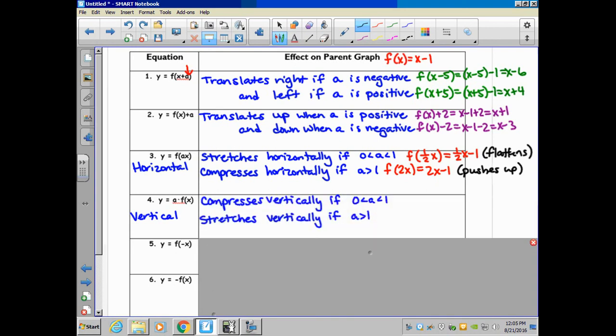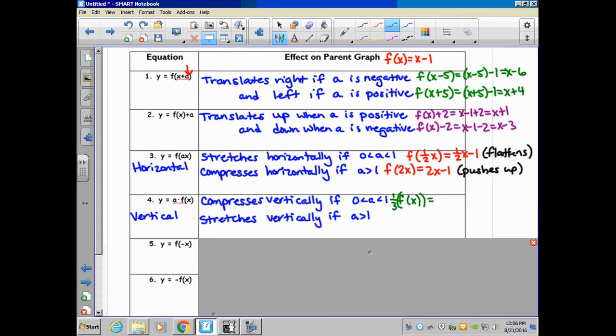All right, then we have a vertical stretch and a vertical compression. So if you're multiplying by a number out in front of the actual function, let's see what happens there. Let's go back to green. Okay, so let's do 1/3 times f of x.